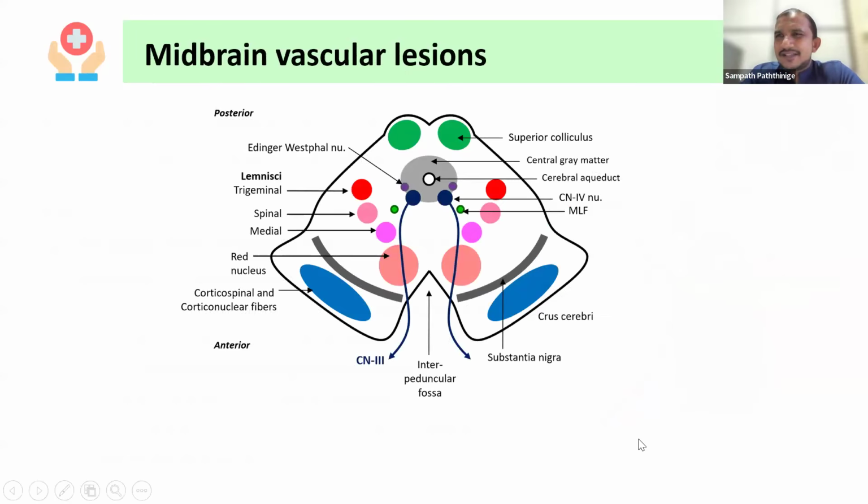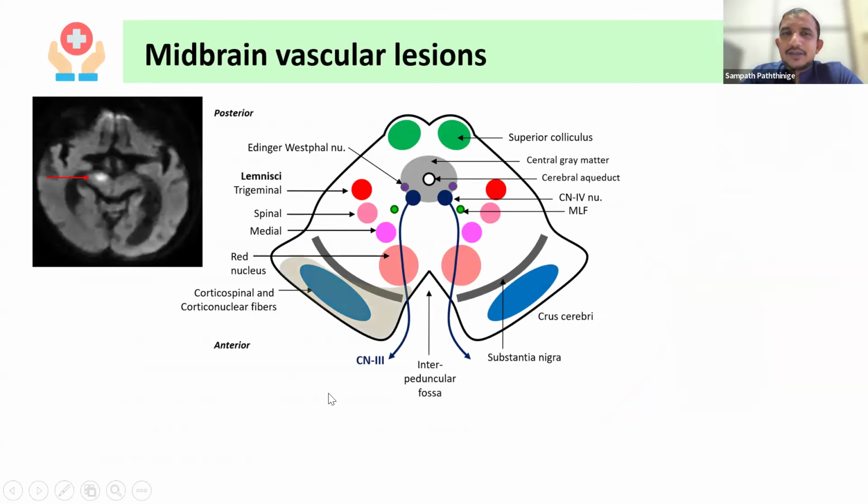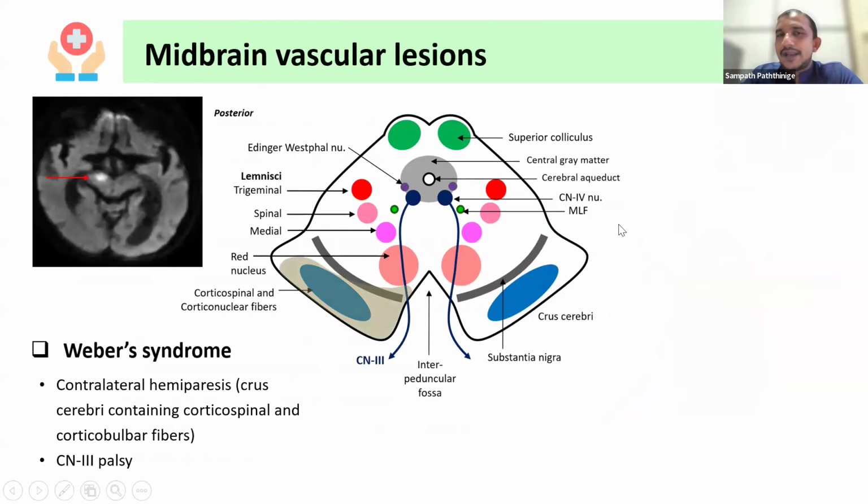Of course, midbrain vascular lesions are less common than the others, but if you know the anatomy, you can explain. For example, Weber syndrome affects the anterior midbrain, which will lead to damage to the corticospinal and corticonuclear fibers, as well as damage to the third cranial nerve.